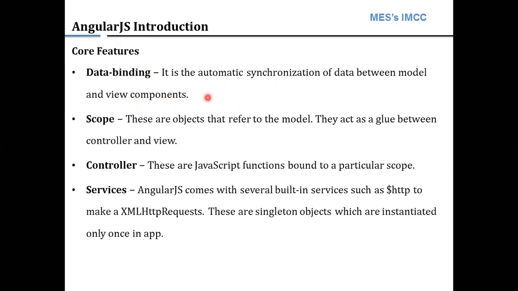So data binding plays a major role in binding the data from the view through the controller. The second core feature is scope. We have the scope object. These are the objects that refer to the model. They act as a glue between the controller and view.